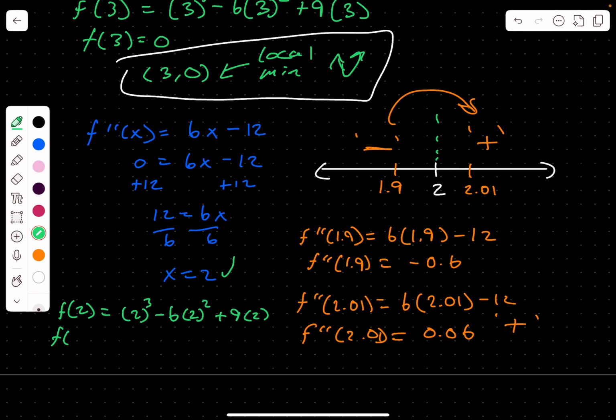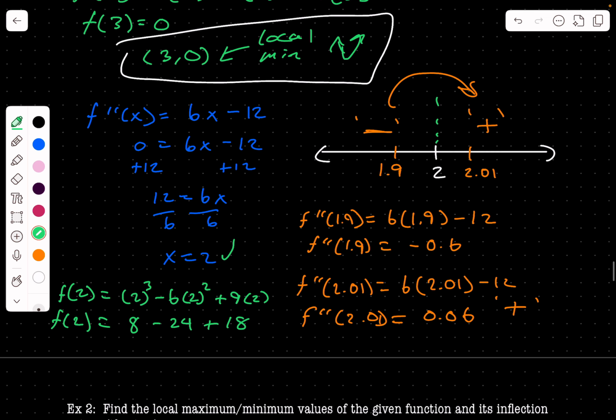So 2 to the third power is going to give you an 8. 2 to the second power is going to give you a 4. 6 times 4 is just 24, plus 9 times 2, which is 18, right?